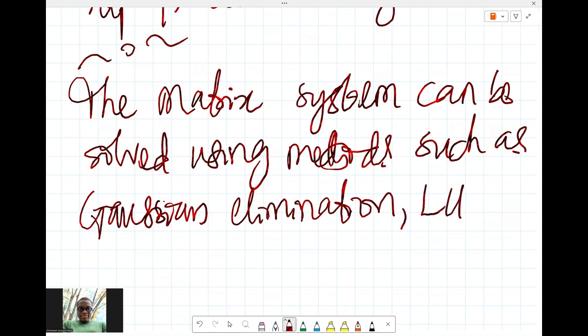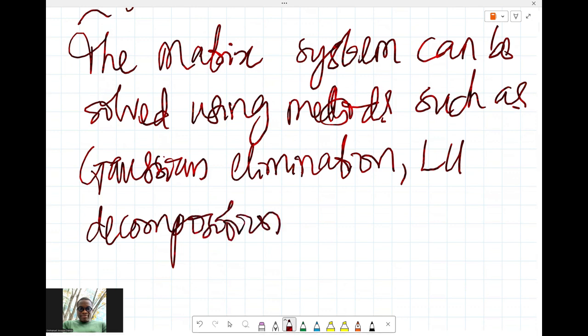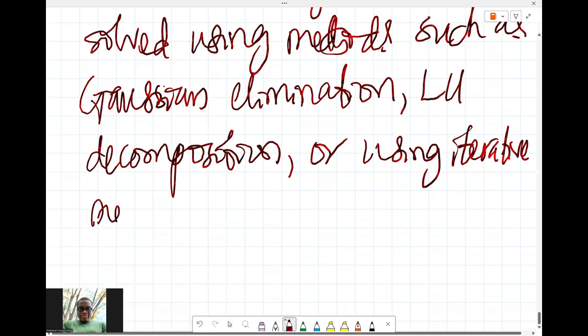LU decomposition, or by using iterative methods. Thankfully, I've done all of this also under this playlist. I've done all of these methods, iterative methods like Gauss-Seidel, Jacobi, and all that.